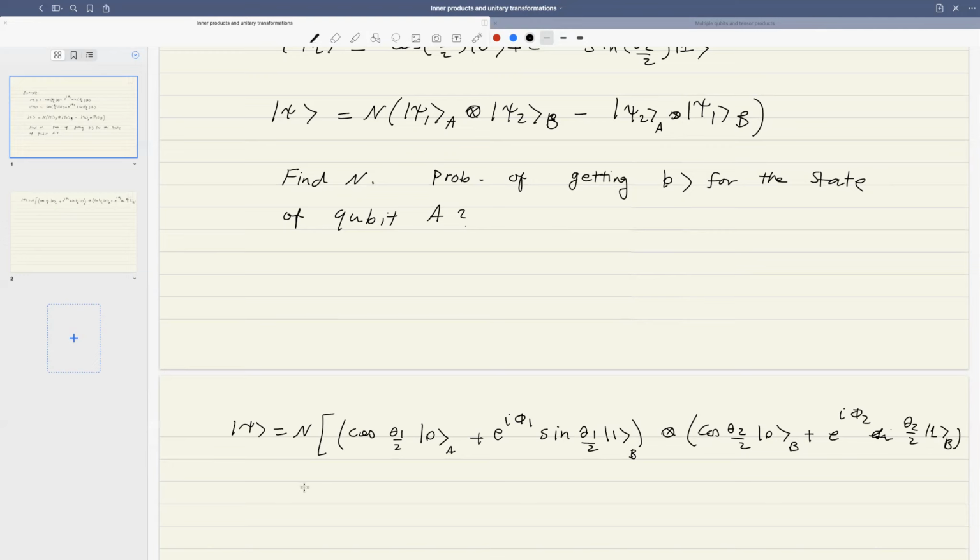And then from this, we have to subtract the tensor product where we've switched 1 and 2.